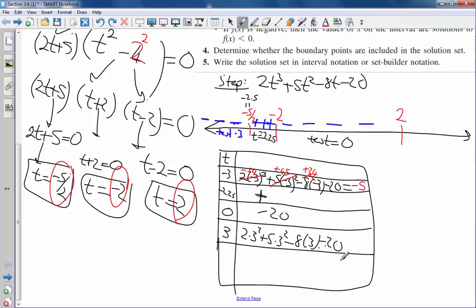I think this is positive because such big numbers here. Big positive numbers, small positive numbers. I'm guessing it's positive. Double check though. Okay?